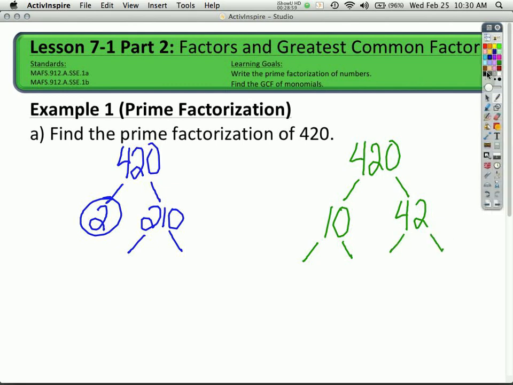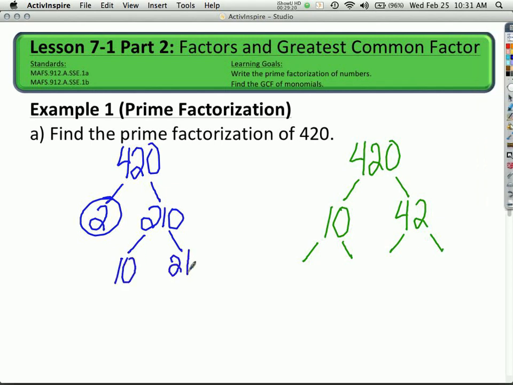Let's start with 210. Can I have a factor pair for 210? Amir? Okay, Garion? 2 times 105, and what was yours? 10 times 21. So it doesn't matter. That's the whole point of me doing 2. You're going to see at the end. So we've got 10 times 21.